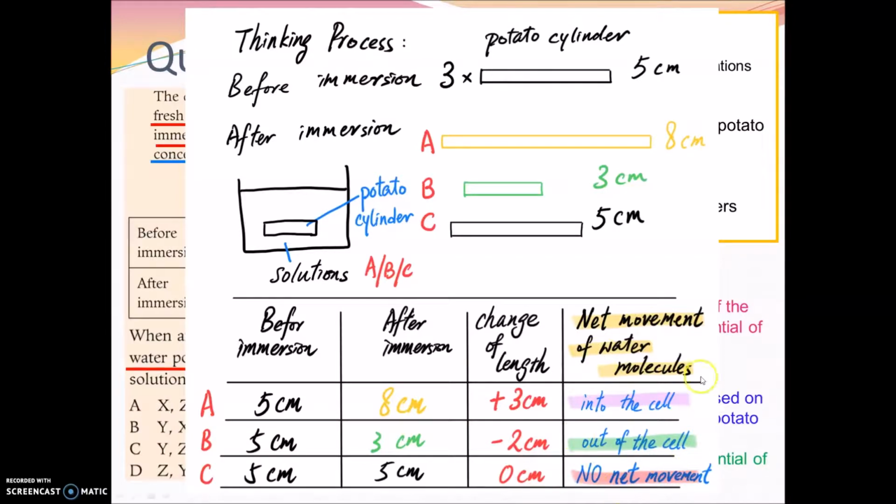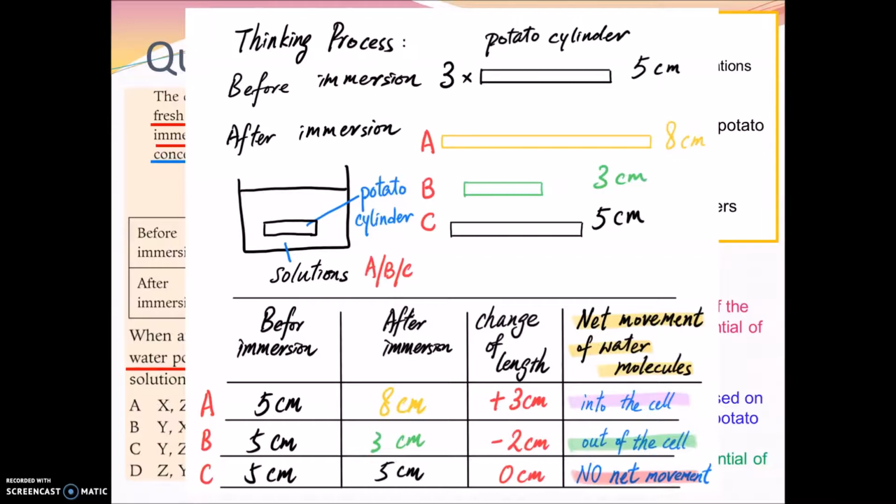So for this part, the most important thing is the net movement of water molecules. Imagine why the potato cylinder will become longer, shorter, or remain unchanged. It's because of the water movement, whether they go into the cells or out of the cells. From 5 cm to 8 cm, that means there is a net movement of water molecules going into the cells, because once the water goes into the cell, it makes the cell a bit bigger, a bit turgid.